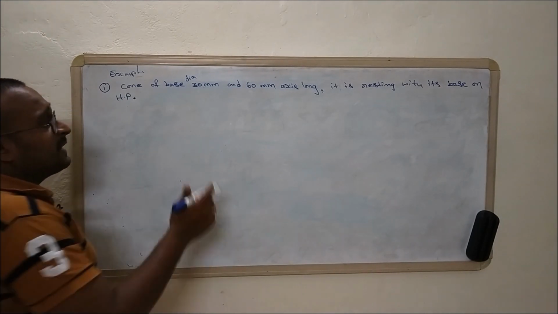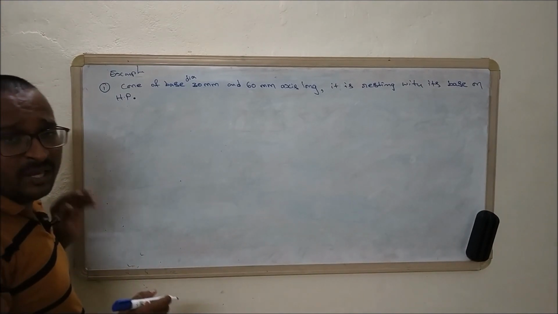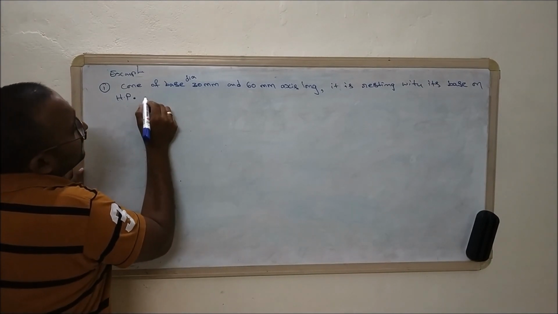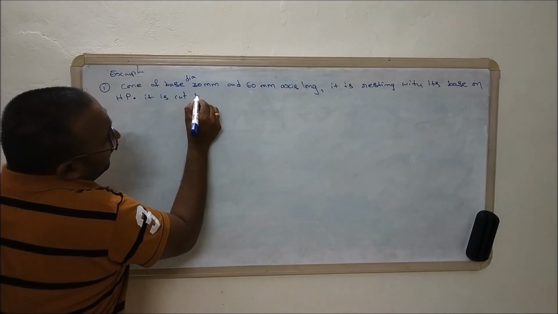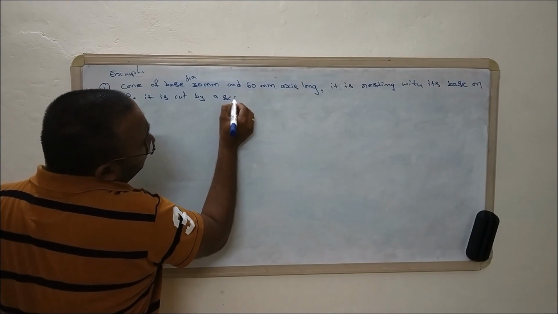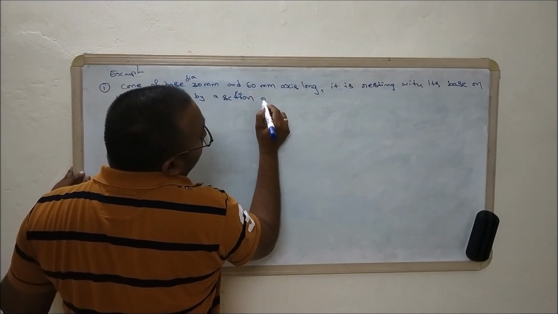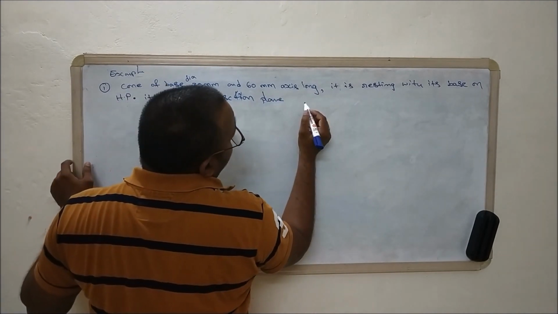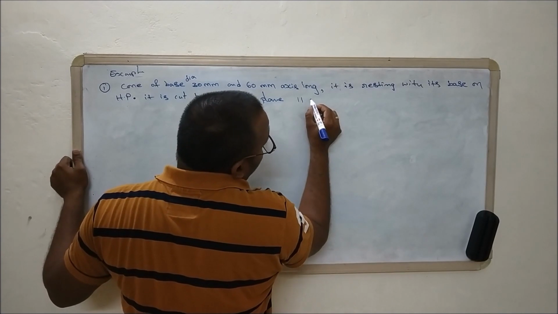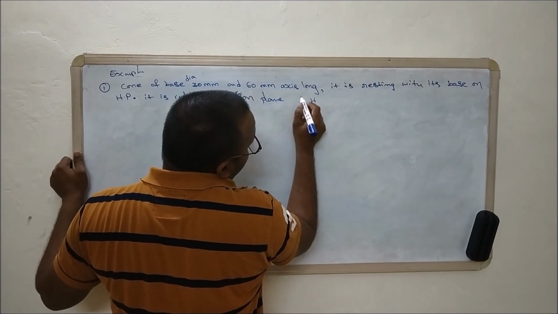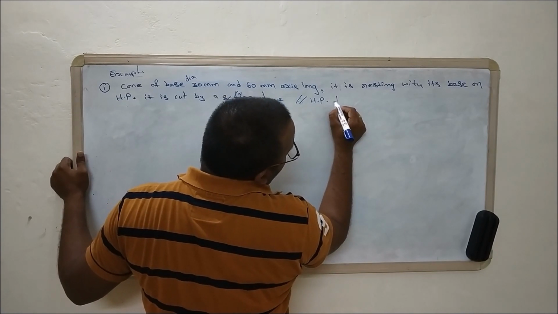And then the third statement will be the position of the section plane. That is, it is cut by a section plane parallel to HP and perpendicular to VP.